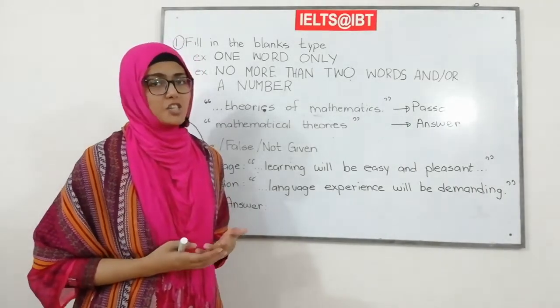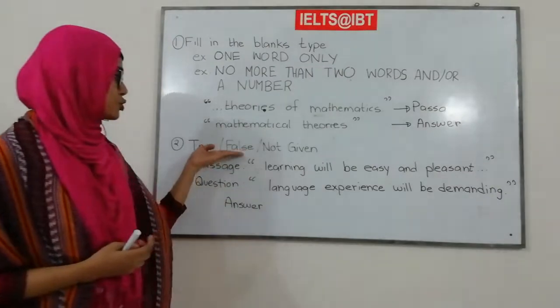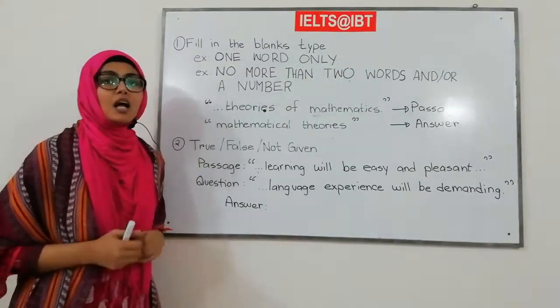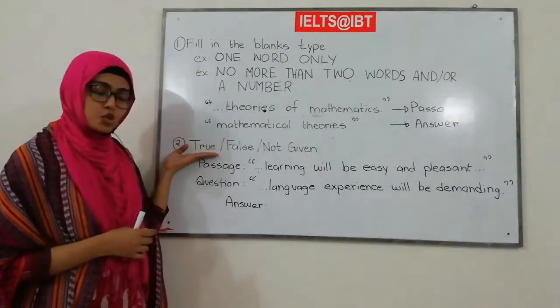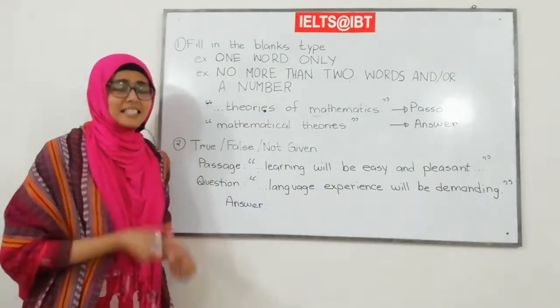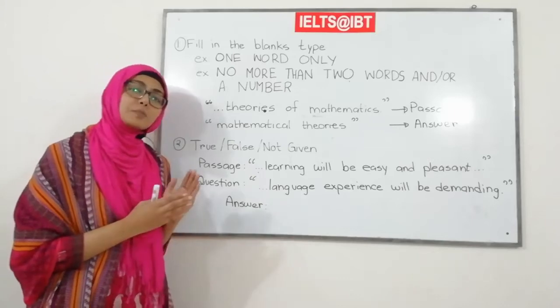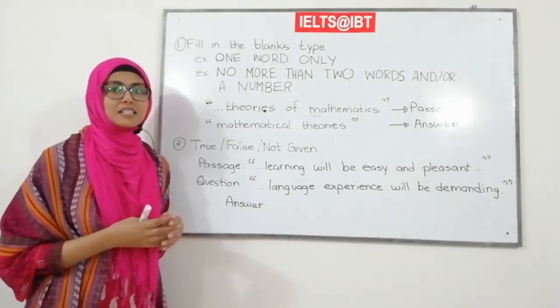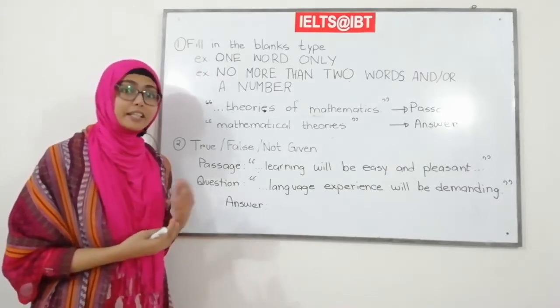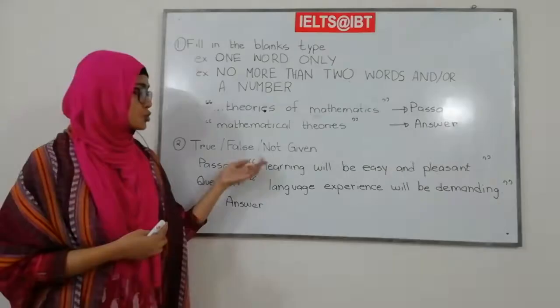The next question that I would like to discuss is true, false, and not given. Usually what they ask you to do is choose true if the question statement matches with what is being said in the passage. And if the question statement says the opposite of what is there in the passage, you're going to choose false.